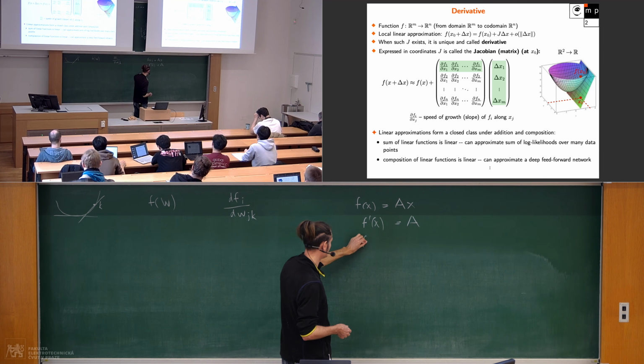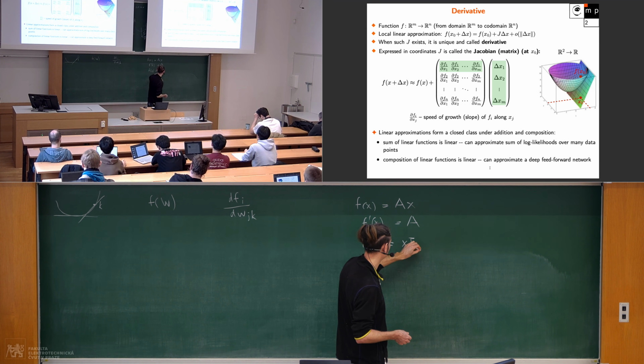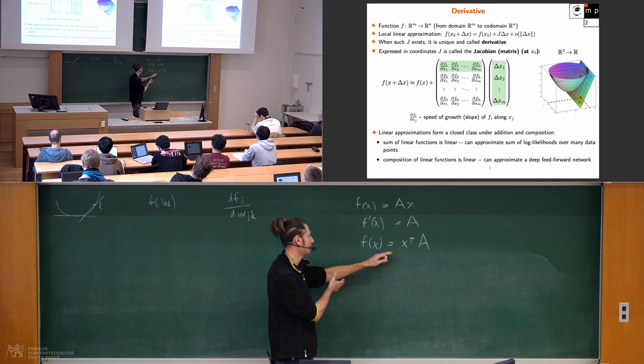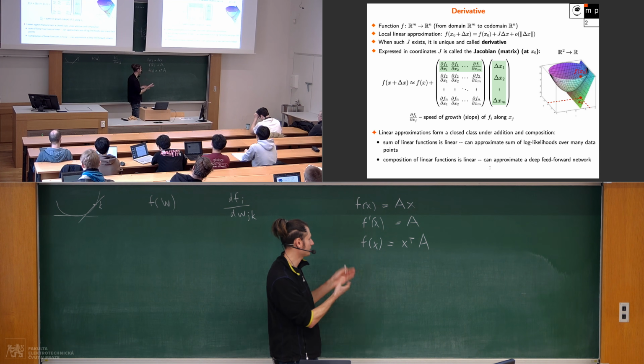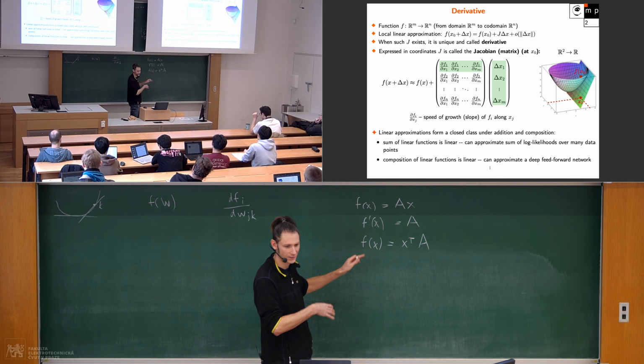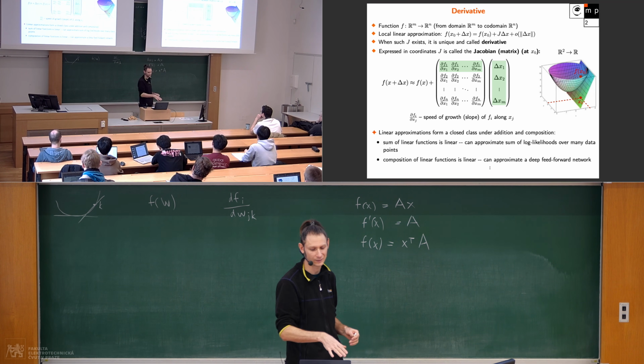But what if I tell you that f of x is x transposed A? Then it's a bit confusing what you formally have to do, because now the result is a row vector. So it's not fitting exactly to this formalism.